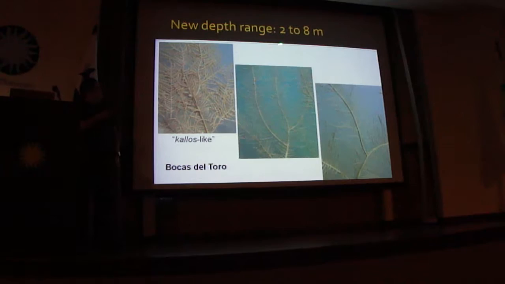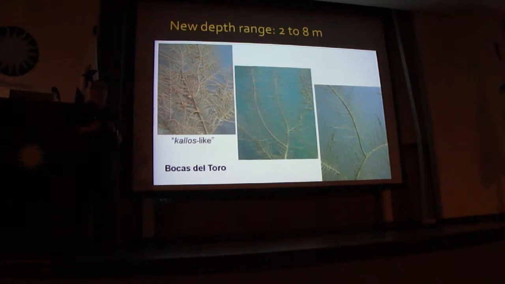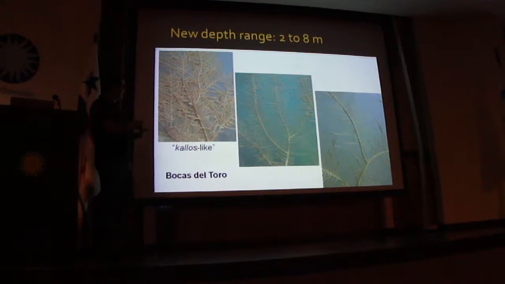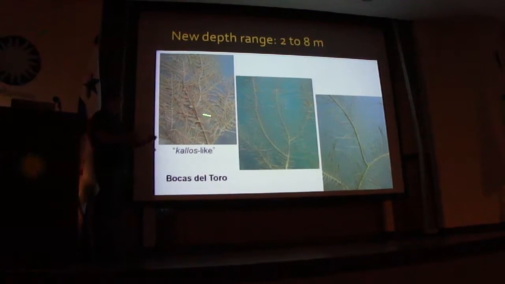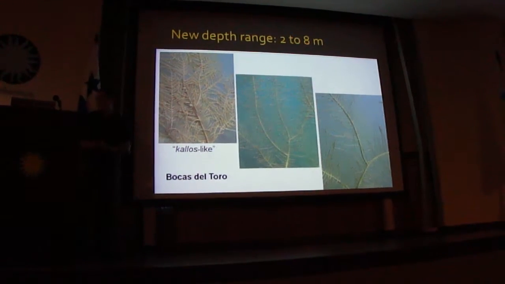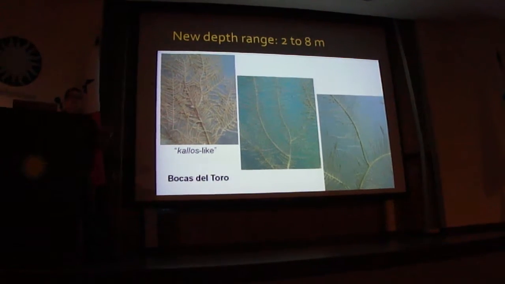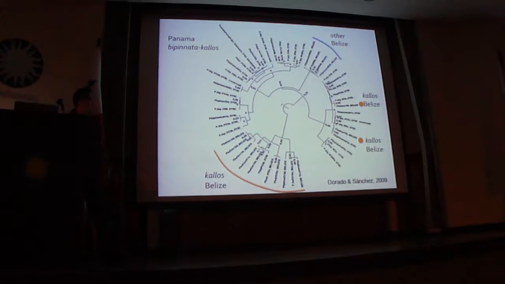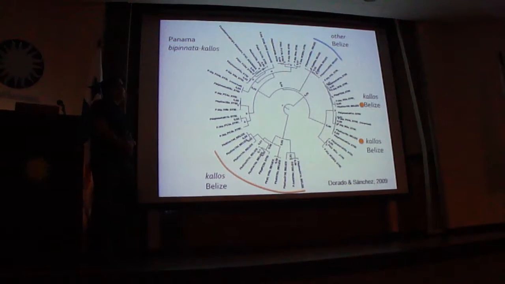And the slope begins at 5 meters. So I'm getting like a miniature Carrie Bow Cay in Bocas del Toro. So it's a fantastic challenge, because I'm getting the same signal, but the populations are obviously less separated in an ecological fashion.